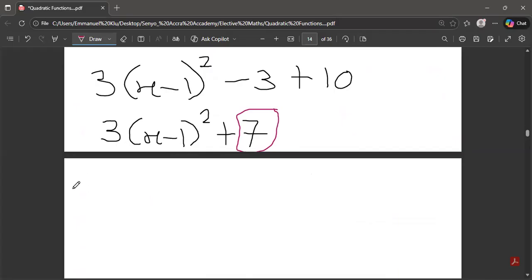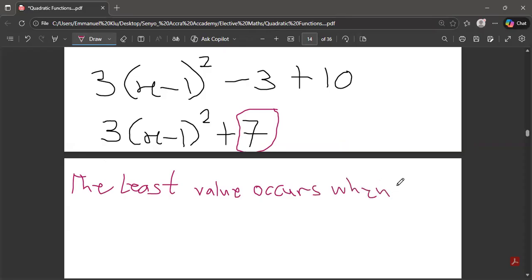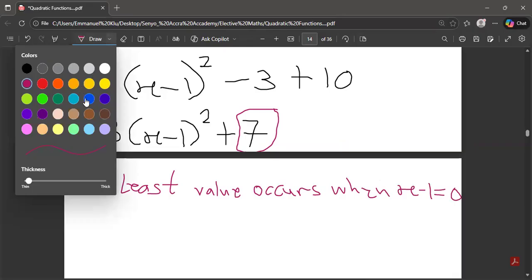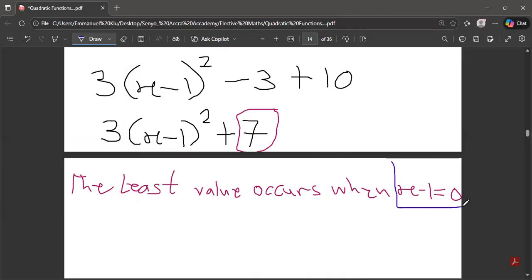So I'm going to say that the least value occurs when x minus 1 is equal to 0.